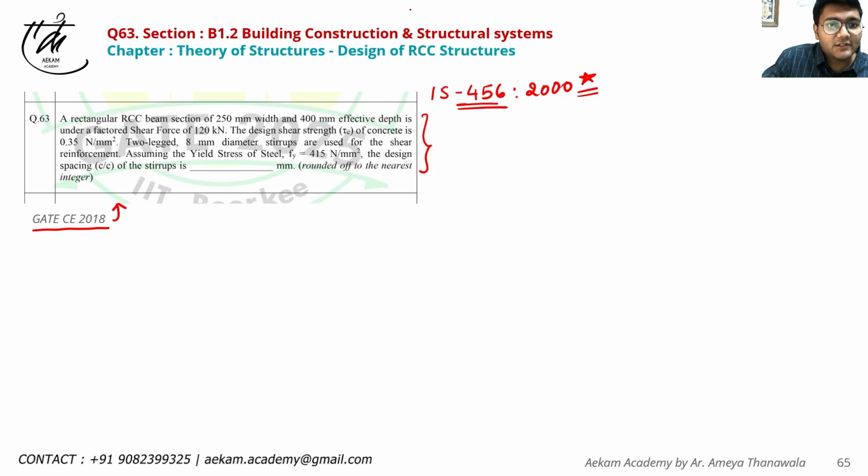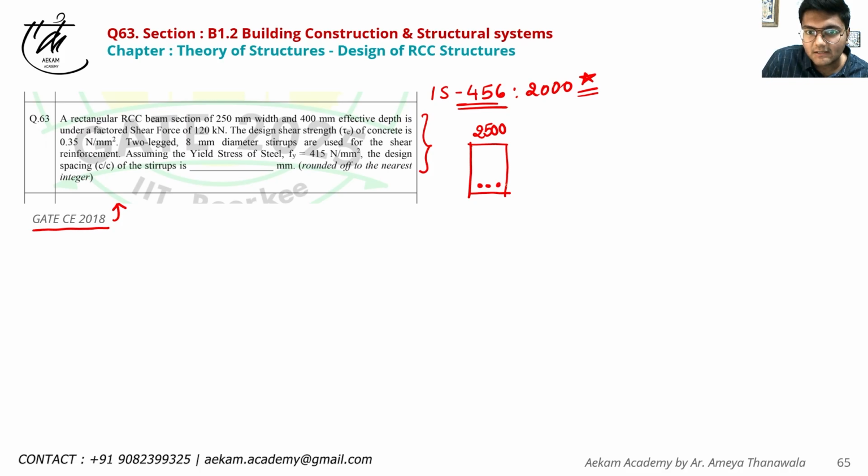Now, a rectangular RCC beam of section 250 mm width and 400 mm effective depth is under a factored shear force of 120 kilonewton. So if you have your beam section, you have your 250 and you have your effective depth. Effective depth is basically what?